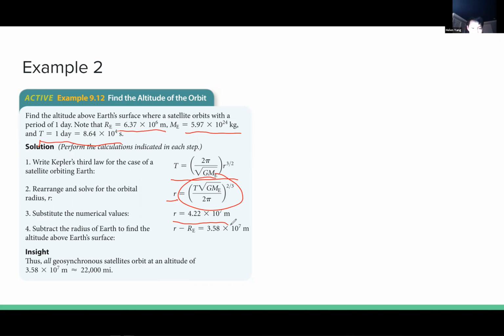And if you're trying to find the altitude, then it would be r minus the radius, minus this distance right here. So you can just get that value.